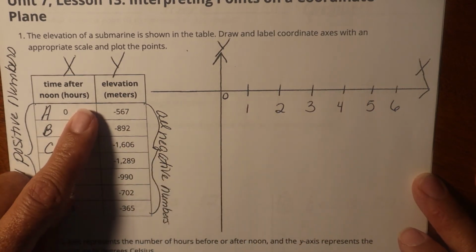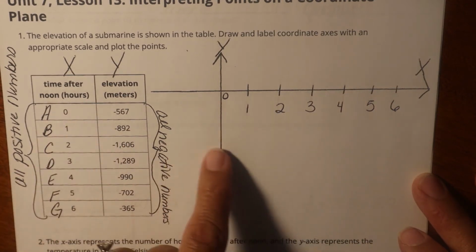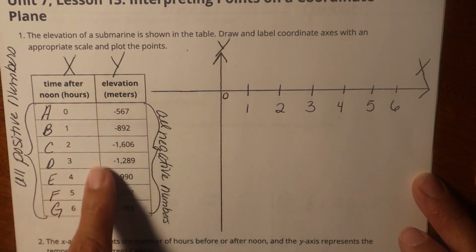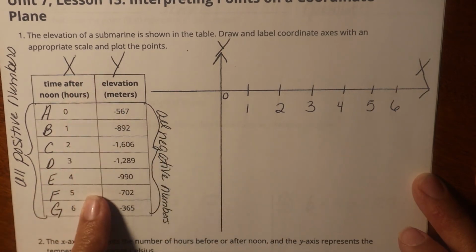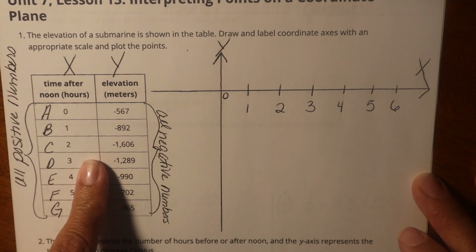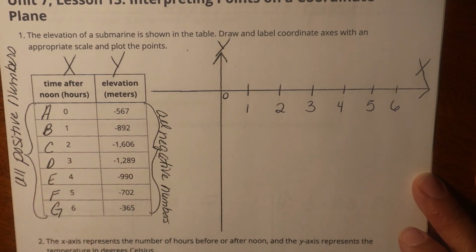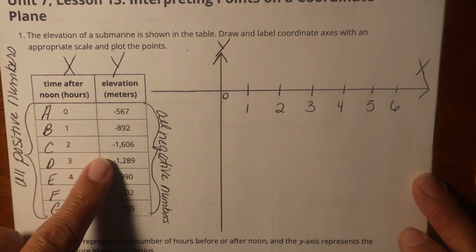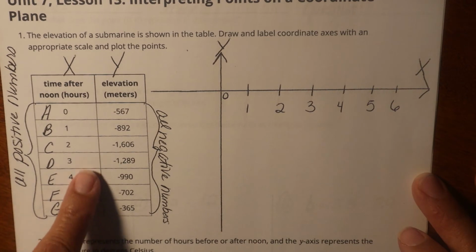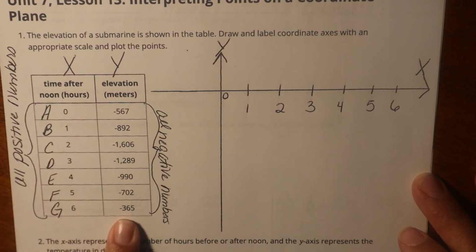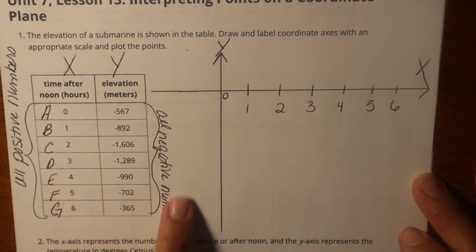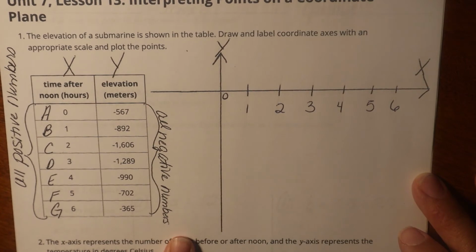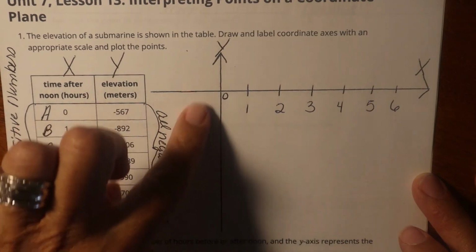Now I've got to decide how I'm going to place my tick marks for my y coordinates, because I got really big numbers, so I can't just go 1, 2, 3. My lowest number is negative 1,600 and my highest is negative 365. So obviously I'm thinking I'm just going to place my tick marks and skip count by 200s so I can have enough room.